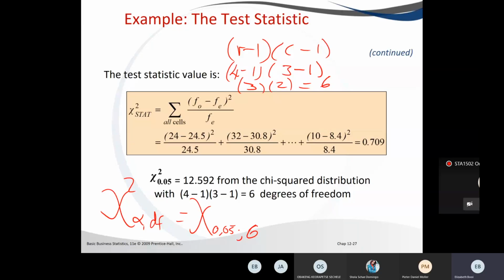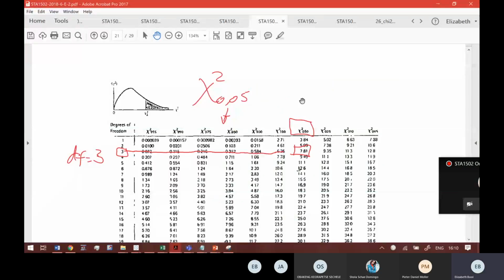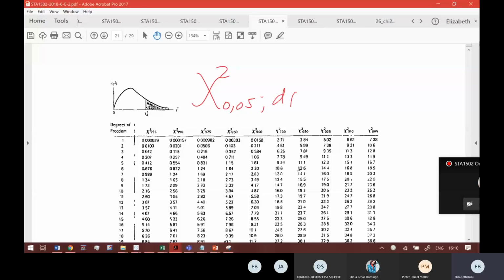And when we have our degrees of freedom of 6, we need to go and find the critical value on the table. Go to the table. We're looking for the chi-square test 0.05 and the degrees of freedom of 6. We find the degrees of freedom of 6 on the left, and the 0.05 going across, and where they meet, that is our answer.